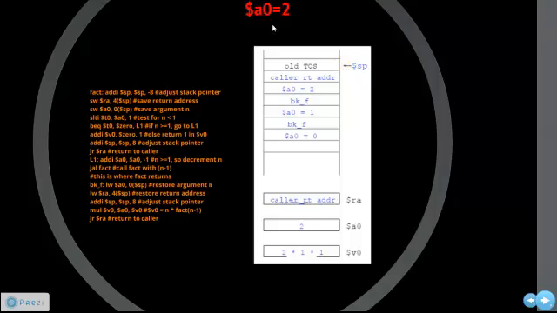Since the procedure is now ending, we have restored the stack pointer to this point, and V0 is A0 times V0. V0 from before was 1 times 1. Now the new A0 is 2. So the new V0 is 2 times 1 times 1, which is 2. So the factorial of 2 is 2.